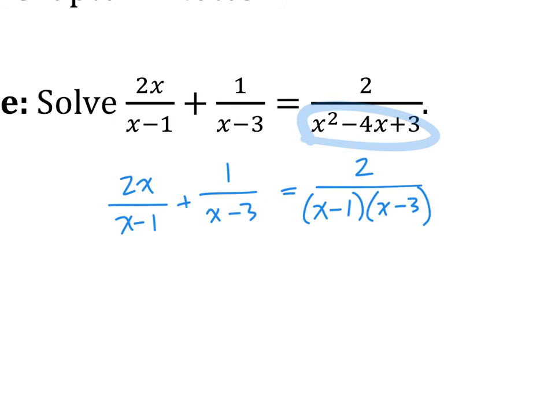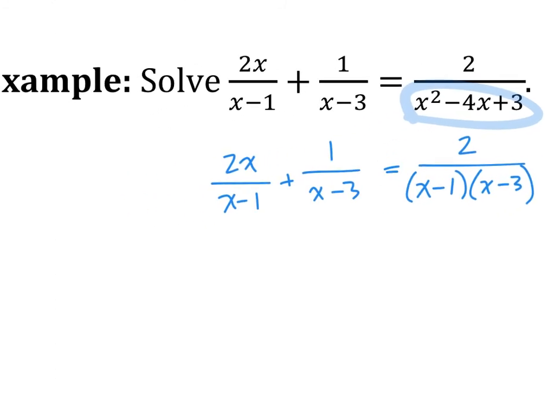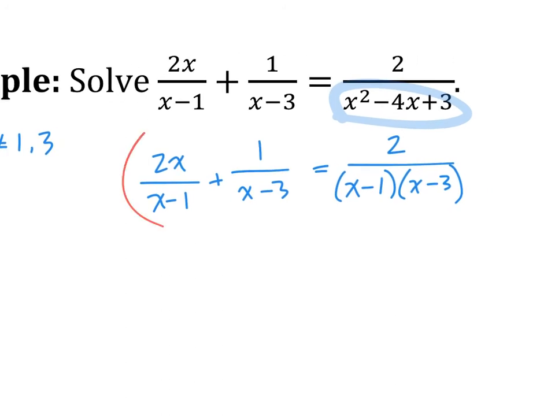All right, looks like we have repeated factors from the left-hand side as well. So again, the first thing is, what does x not equal to? Not 1, not 3. And then the next thing is multiply by the least common denominator.